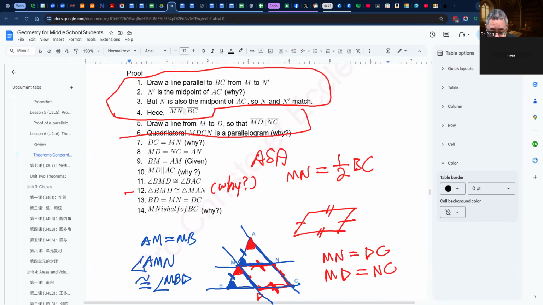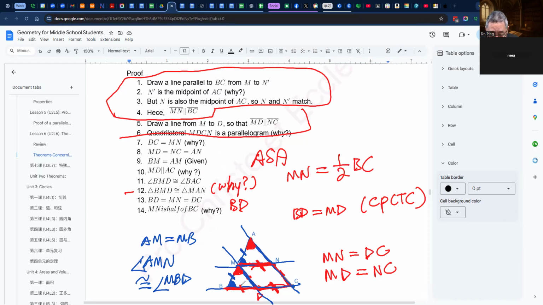Now, once we prove that, then we know BD, this part, is equal to MN. So we got BD is equal to MN. And this is something we call CPCTC. Remember we did that early on.